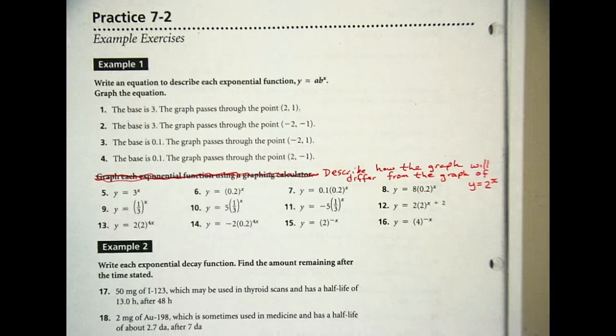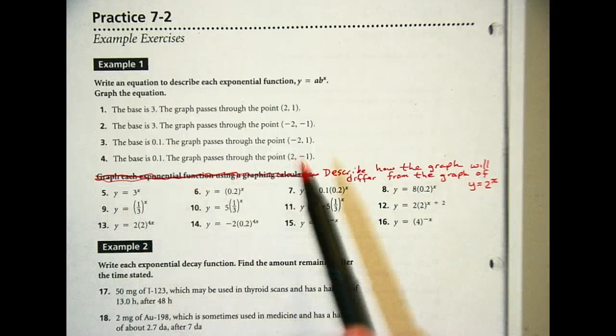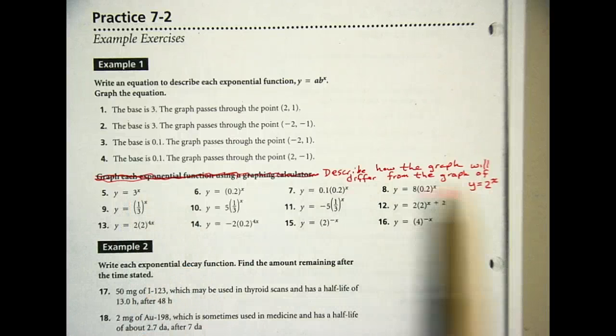So describe how this graph will differ, the equation they're giving you, from the graph y equals 2 to the power of x. So everyone looking at 5, verbally tell your neighbor, how's this one going to be different than that one?